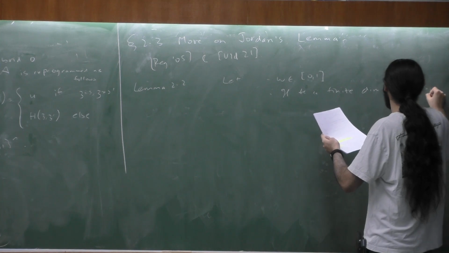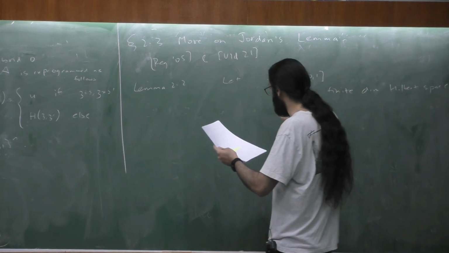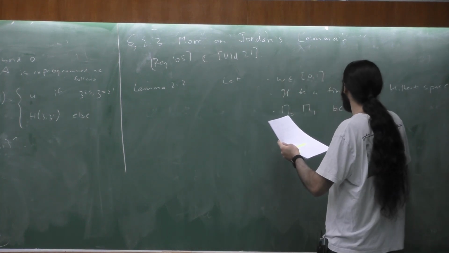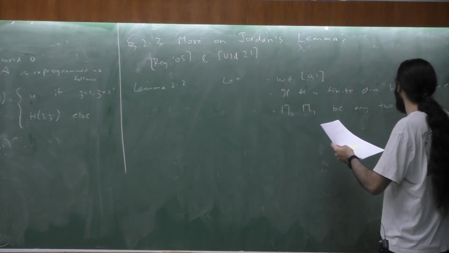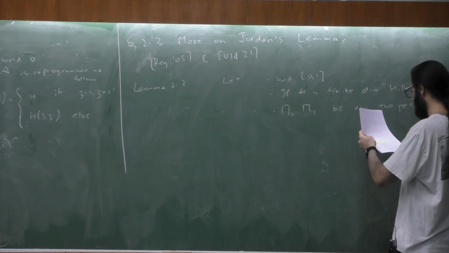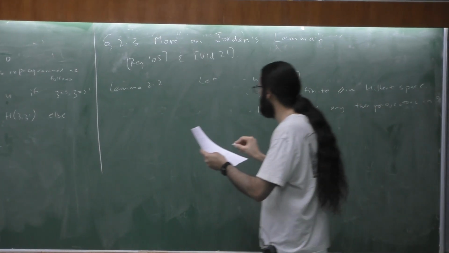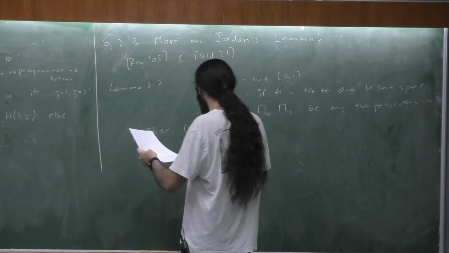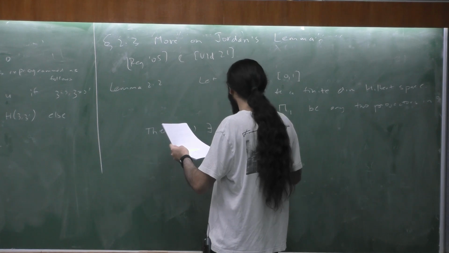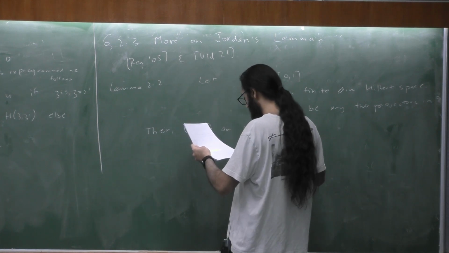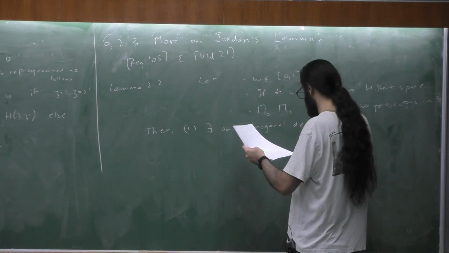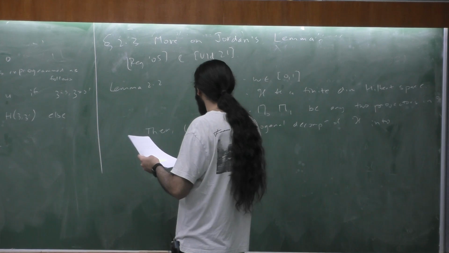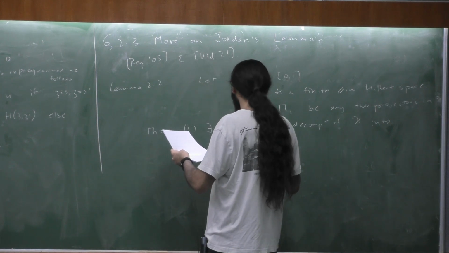Which is usually all that we consider in these kinds of constructions, and pi 0, pi 1 be any two projectors in H, because it's a very general statement. Then number 1, there exists an orthogonal decomposition of H into two-dimensional subspaces.